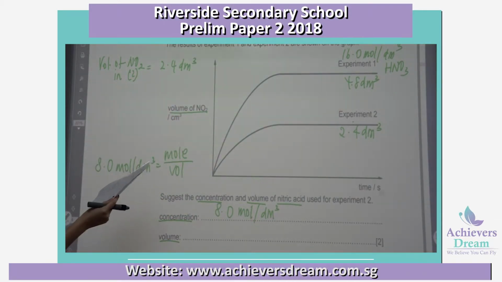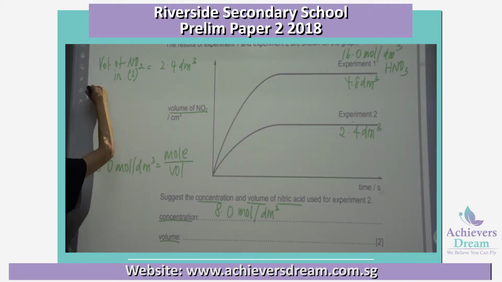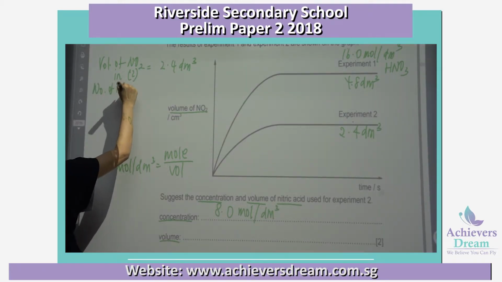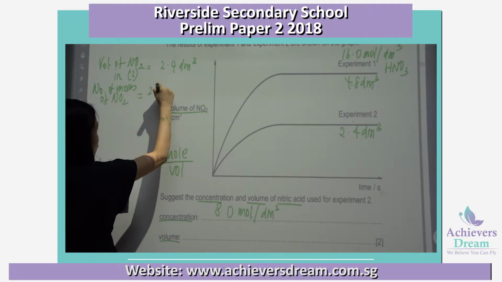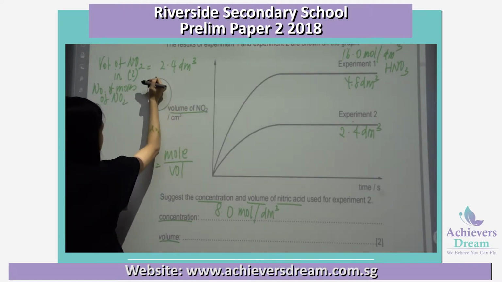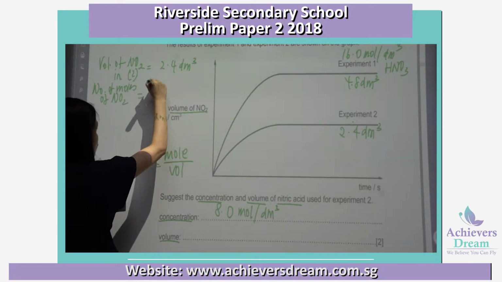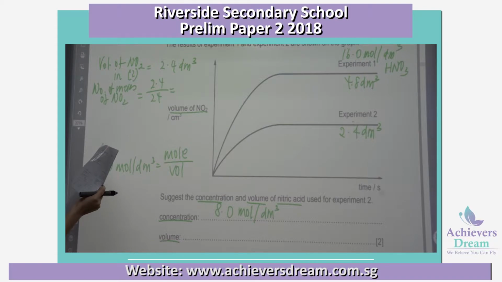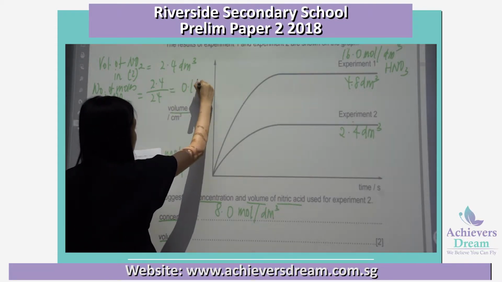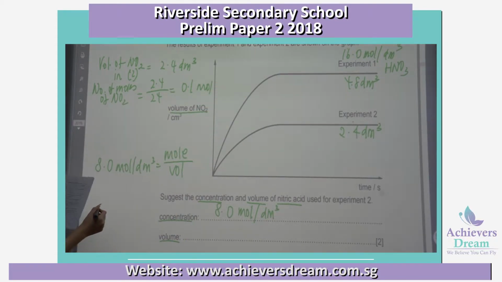So how many moles is this? In order to calculate the number of moles of NO2, we take 2.4 divided by 24, which should give us 0.1 moles. So what do we do after that? Remember your mole ratio.